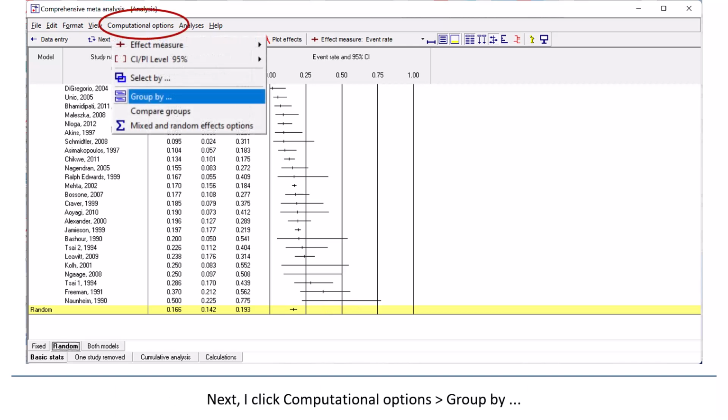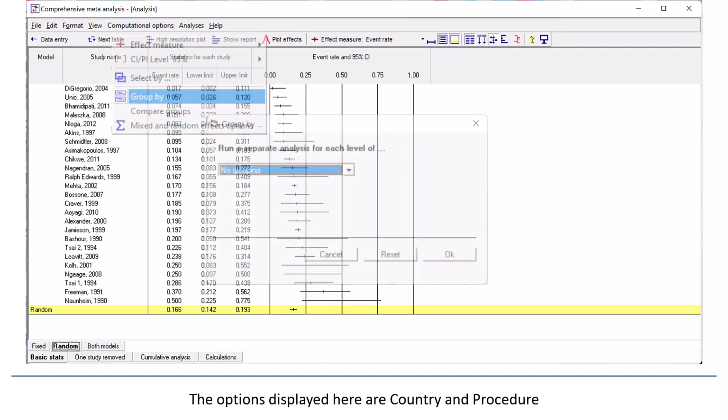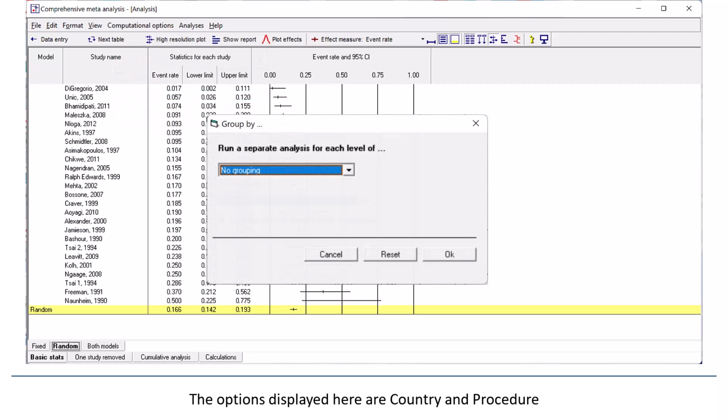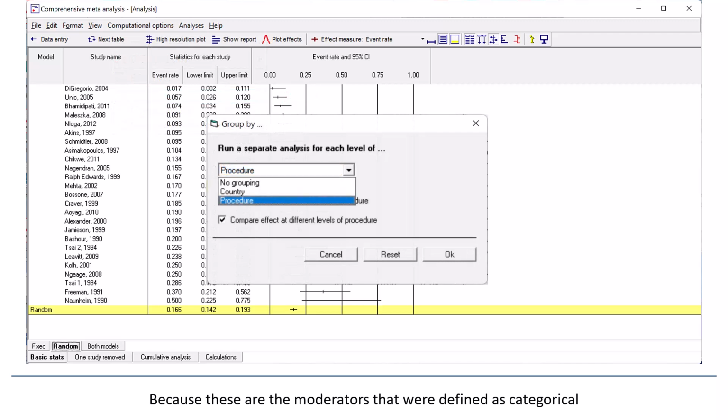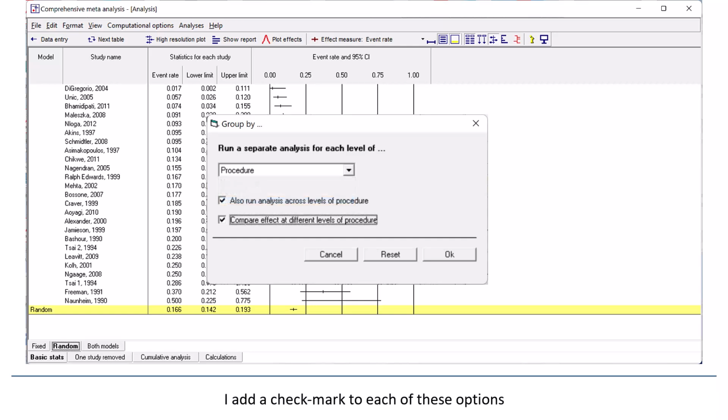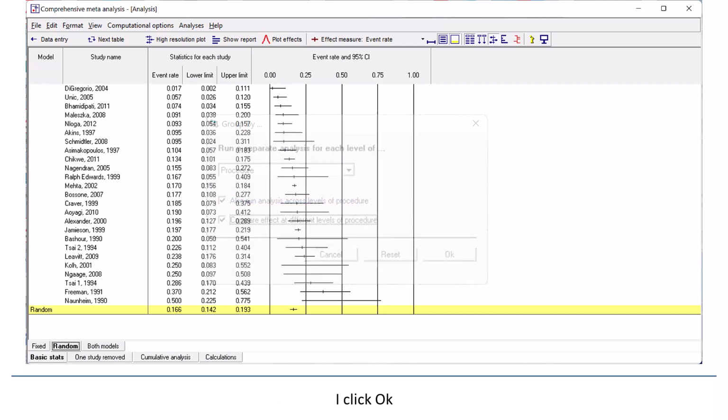Next, I click Computational Options, Group By. The options displayed here are country and procedure, because these are the moderators that were defined as categorical. I select Procedure. I add a check mark to each of these options, and I click OK.